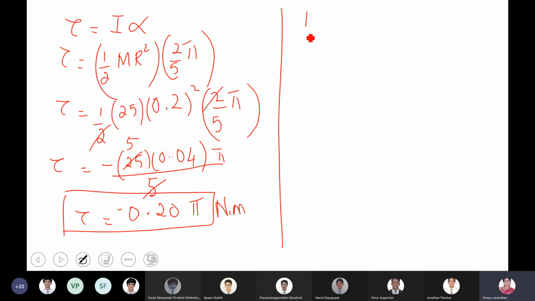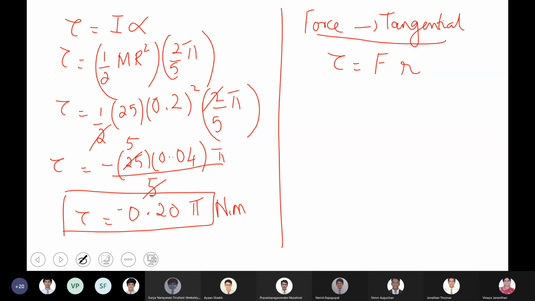Now the question is find the force which is being applied, tangential force. So the tangential force that is being applied, tau is equal to F into R, the radius.